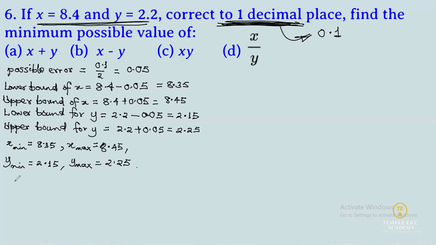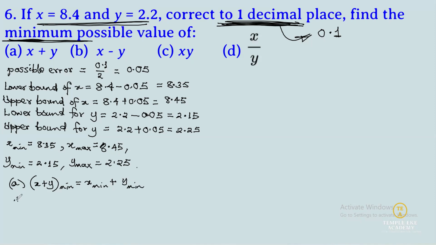Let's start straight off with A. We're looking at the minimum possible value. So we're talking about x plus y at the minimum. The minimum value of x plus y can be obtained when we add up the minimum values of each of these. So we have x minimum must add to y minimum.